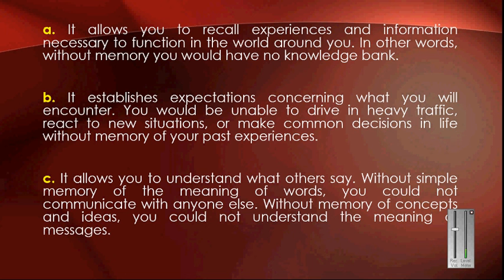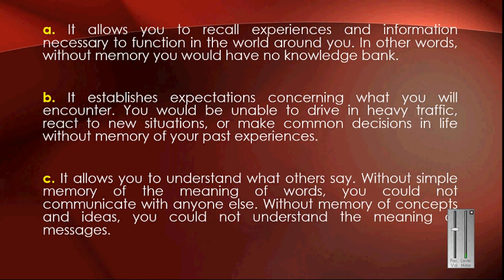If you memorize some words, some vocabularies, you know the meaning, so you would be able to understand the speaker in any kind of situation. If you know the vocabulary, you memorize them by focusing or concentrating, then you would be able to understand the whole message.